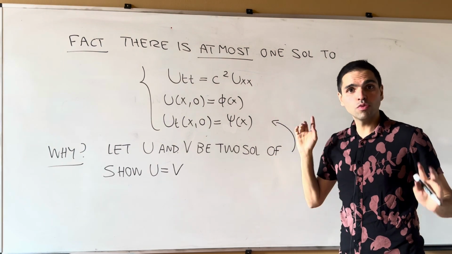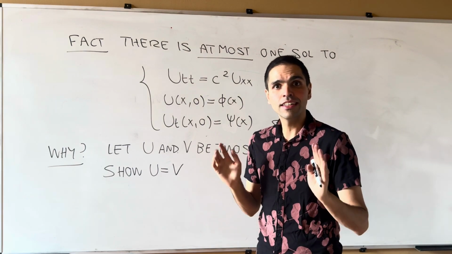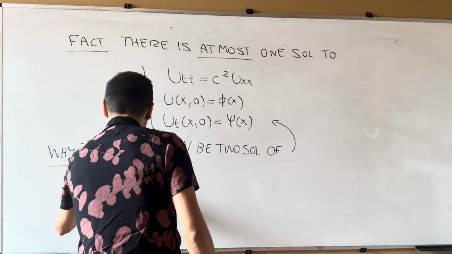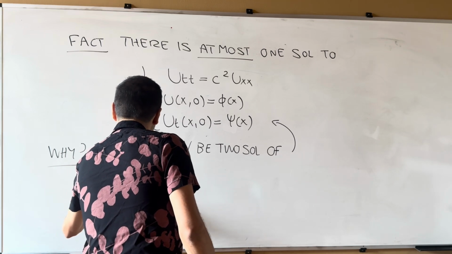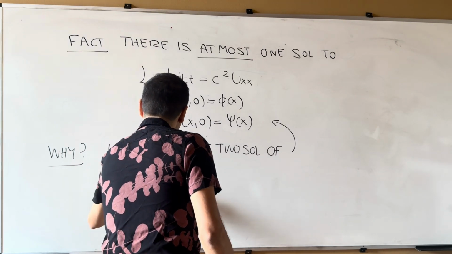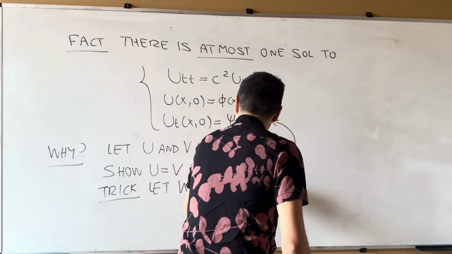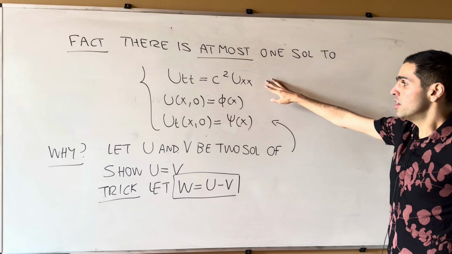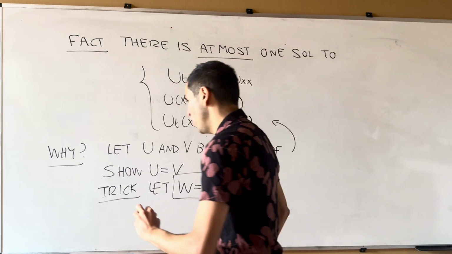Now, in this case, we want to use an extremely standard trick for showing uniqueness. Namely, let's consider the difference between two solutions. So, trick. Let W be U minus V. And let's figure out what PDE W solves.